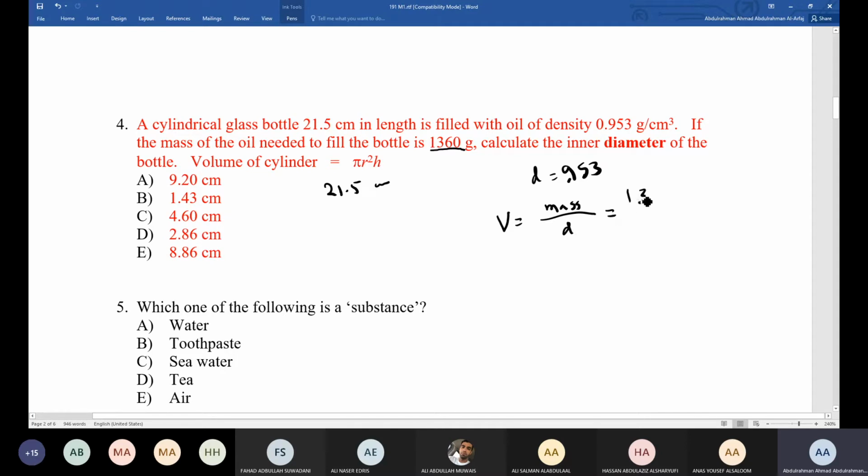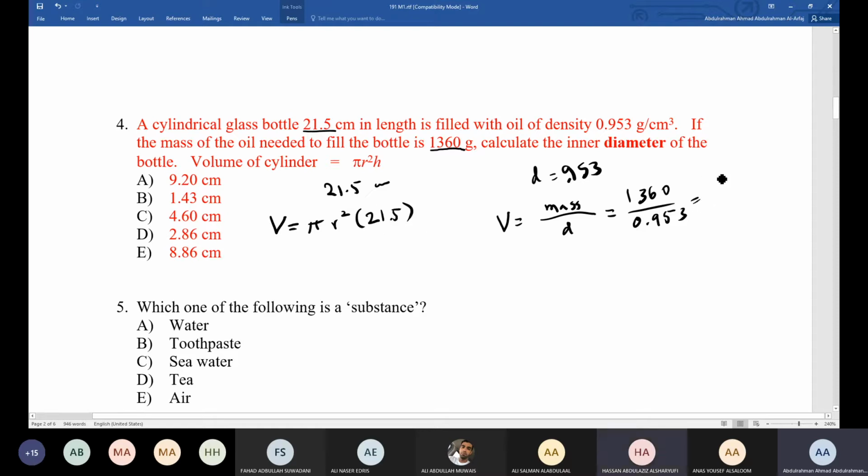So this is 1360 divided by 0.953. Okay, the volume is now calculated, but the volume is equal to pi times r squared times h, where the length is 21.5 centimeter. What's the volume?